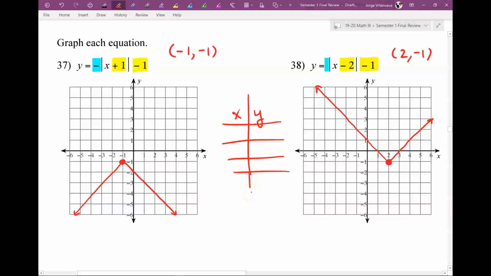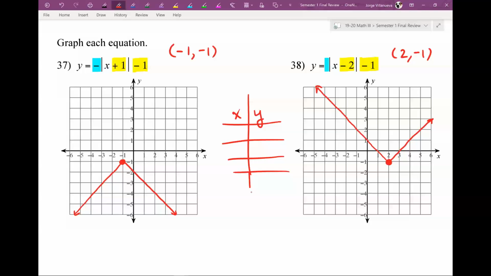Pick a lot of points. Calculate them. That way you can get your answer. That's your last resort. This is always your fallback. If you can't remember the technique, you can always fall back to picking points. Remember, that's the first way you ever learn how to graph a function. And it always works. It might just take a lot of points for you to actually get it right.